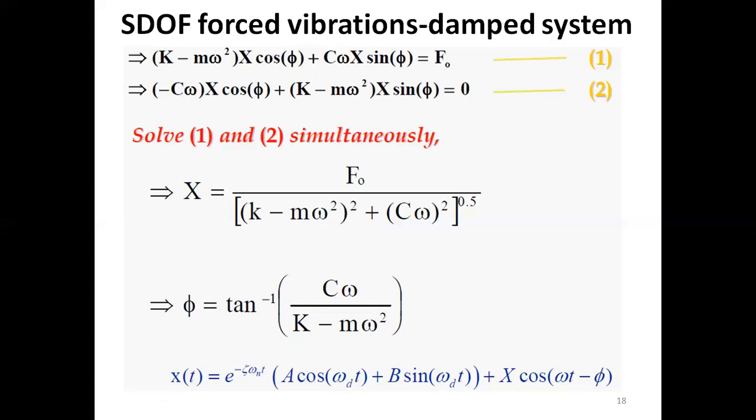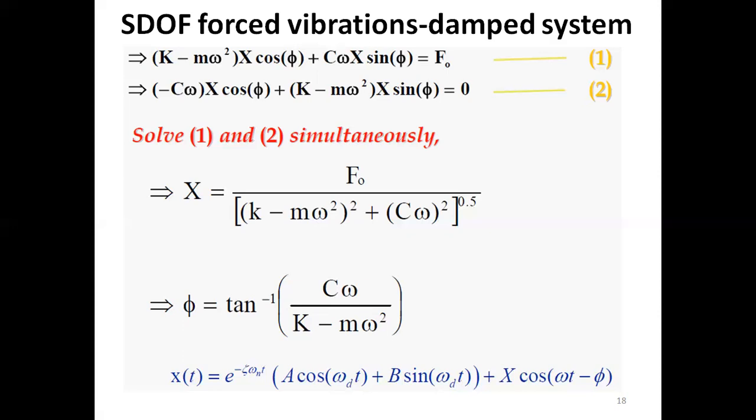But if we put c equal to 0, then 0 by anything is 0. So this phi is actually because of the damping.